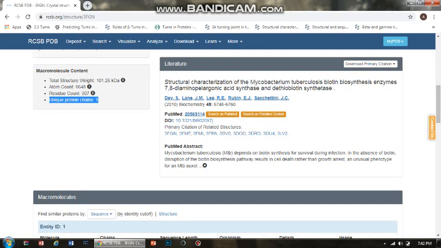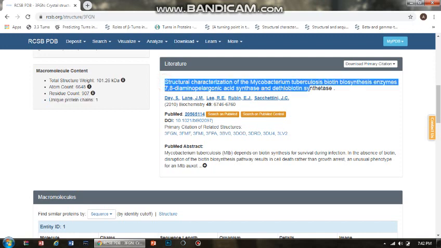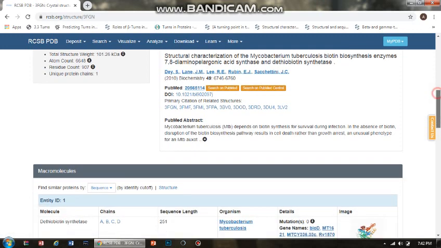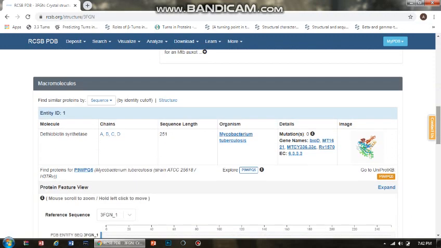The literature box tells you about the literature that has been published on this protein. You can even search it on PubMed, or you can download it from here. Then this is a more detailed view of the protein.